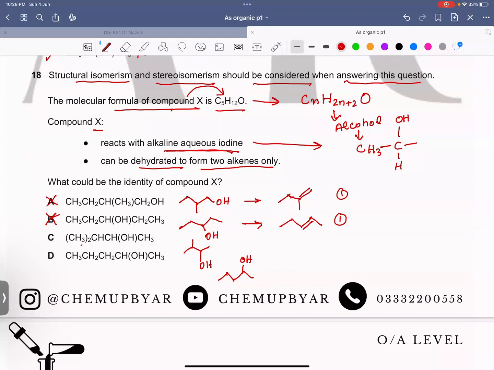Now, third case. We can get one product, this one, and then we can get another product, this one. So here I'm getting two products. If we look at the fourth one, that is the difference between the third one and the fourth one.